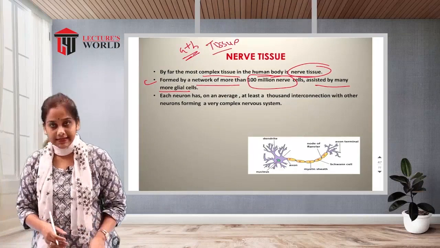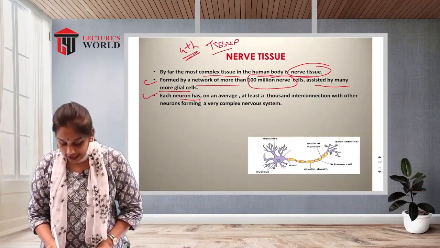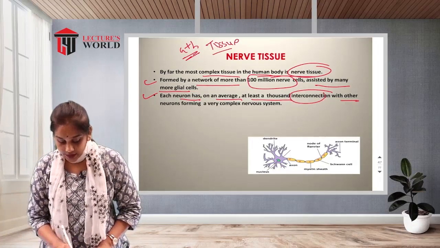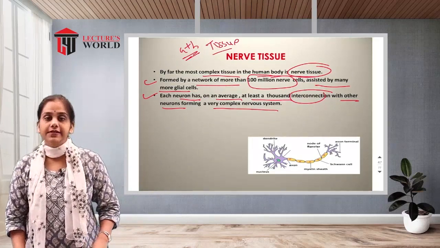Each neuron has on average at least 1,000 interconnections with other neurons, which form a very complex nervous system.